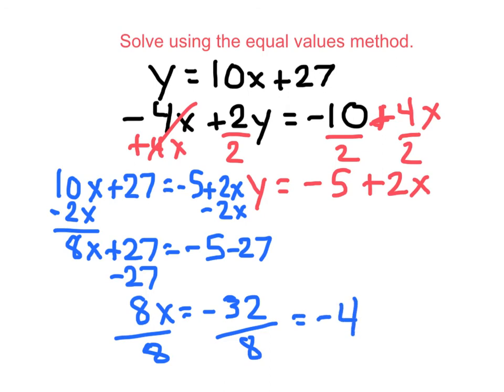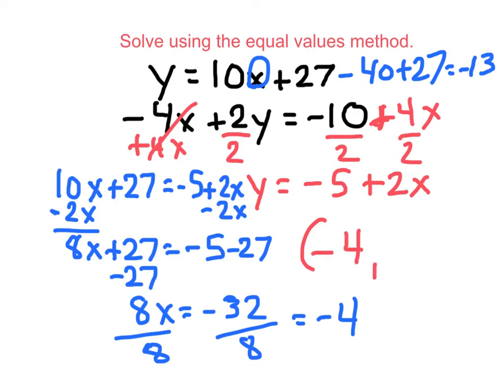All right? Now substitute that into either equation. Let's put it back in this one. So 10 times negative 4 would be negative 40. Then add 27. All right, so that would give us negative 13. So the solution is x is negative 4, y is negative 13.